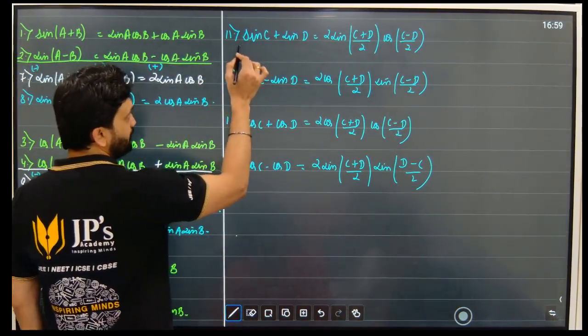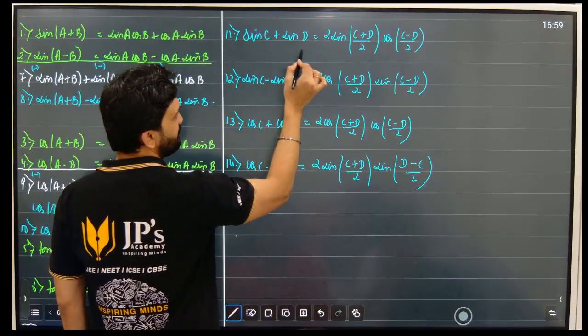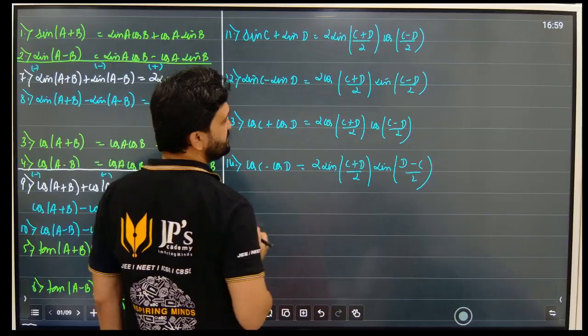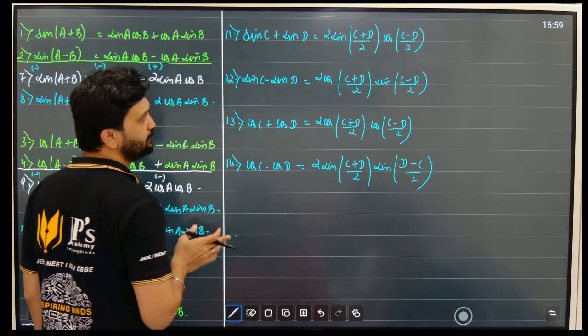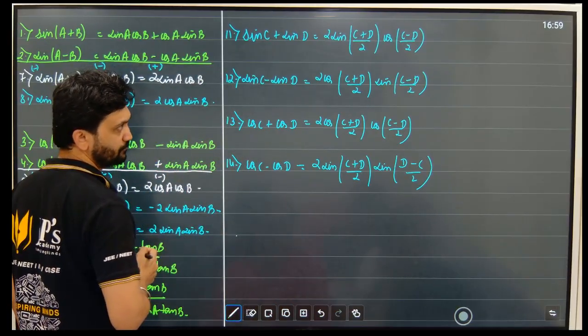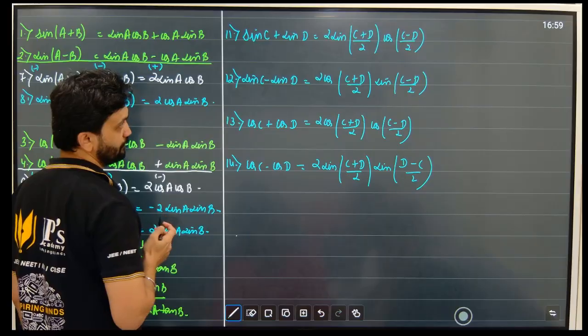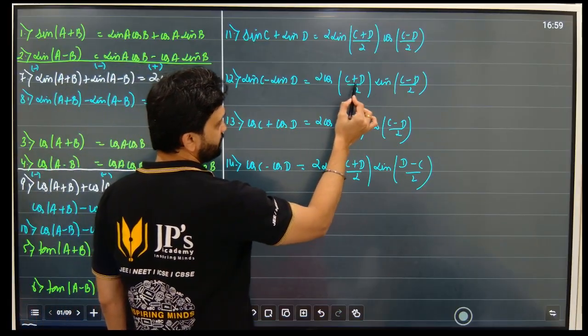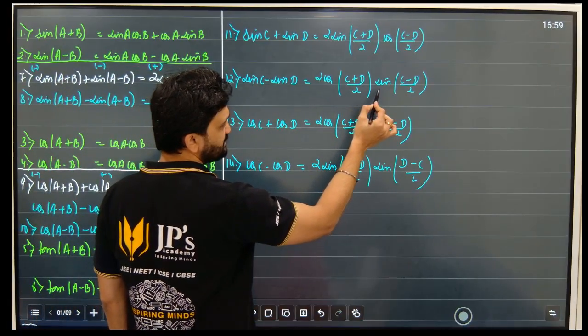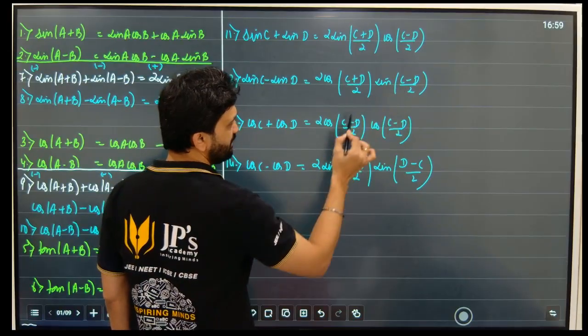The 11th formula is sin C + sin D = 2 sin((C+D)/2) cos((C−D)/2). Sin C − sin D is 2 cos((C+D)/2) sin((C−D)/2).